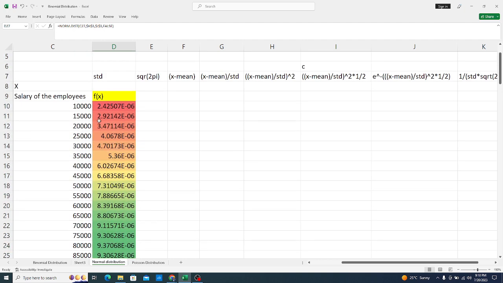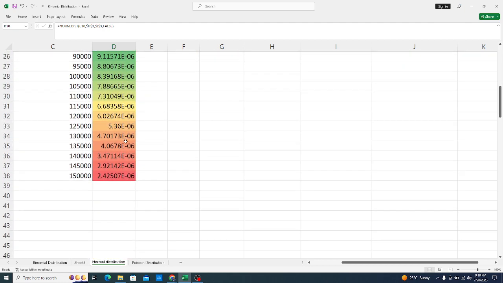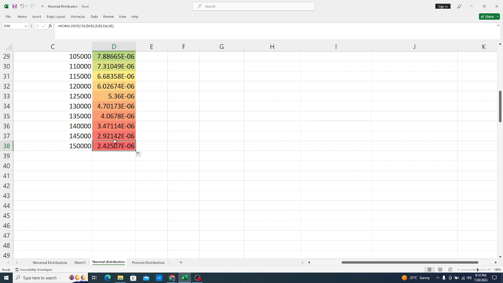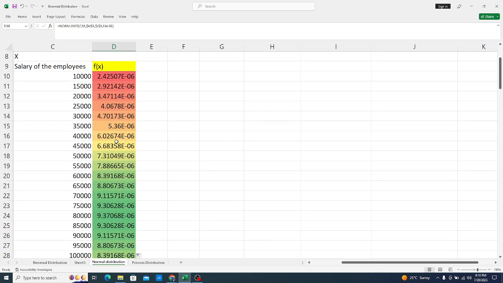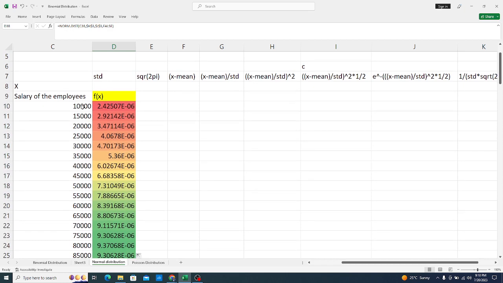Then the probability of getting a salary of 10,000 US dollars per annum is very low. Whenever we have red, it means a very low probability.